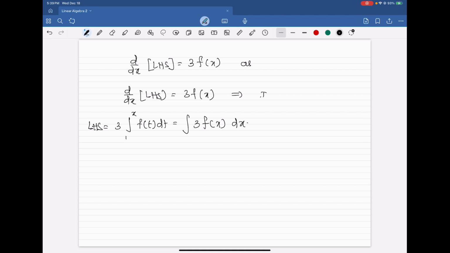Just integrate. By integrating, we will get the left hand side is equal to 3 into integral of 1 to x f t dt. That is the left hand side.